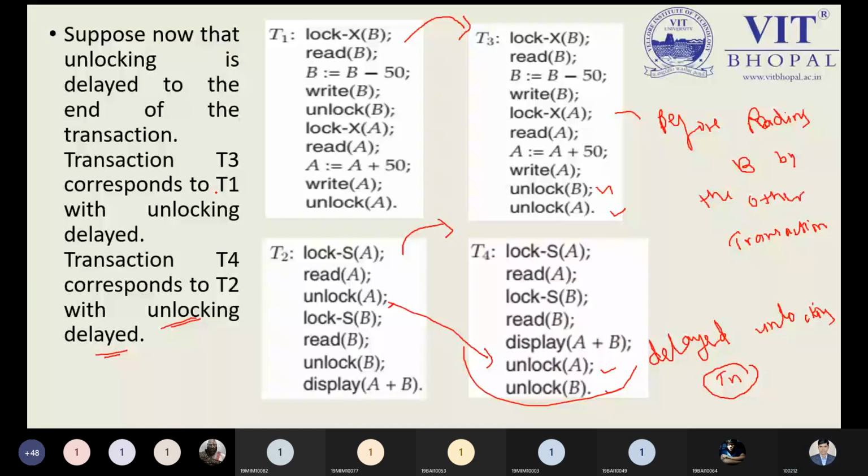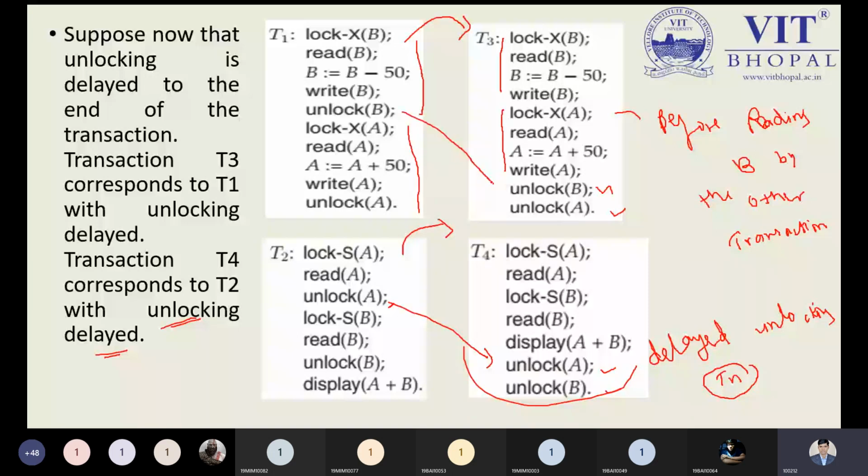But in the transaction T1, I'm using data variables. So after performing, I'm unlocking A over here. I'm unlocking B over here. But in the transaction T3, after performing all the operations on B, I'm also performing some operation on A by the locking mechanism. And at the last, I'm unlocking B over here. I'm unlocking A here as it is.